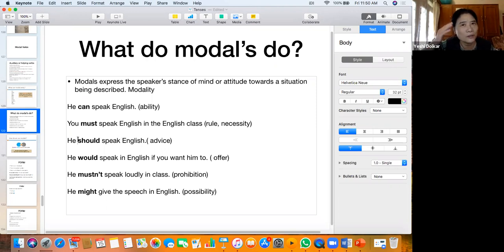So it's talking about how the speaker is thinking when he is talking about this sentence or the situation. So it's an attitude there. It's the speaker's stance of mind.